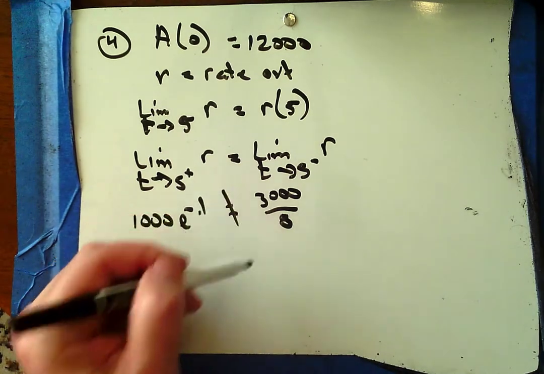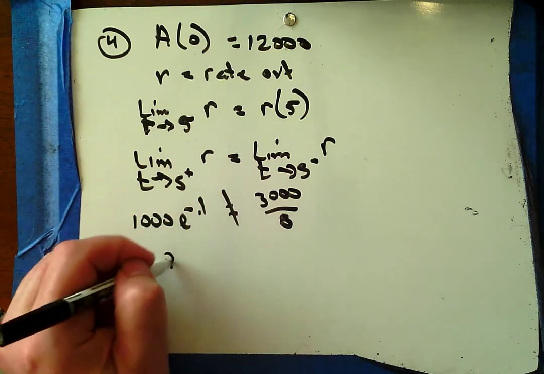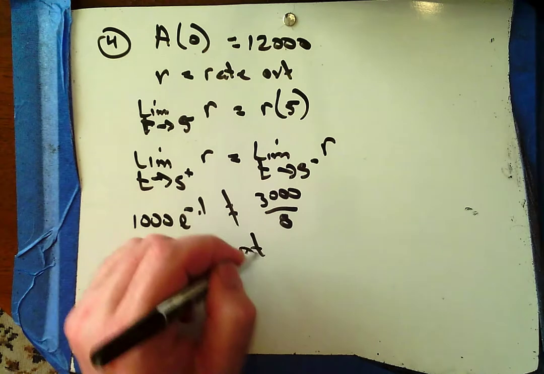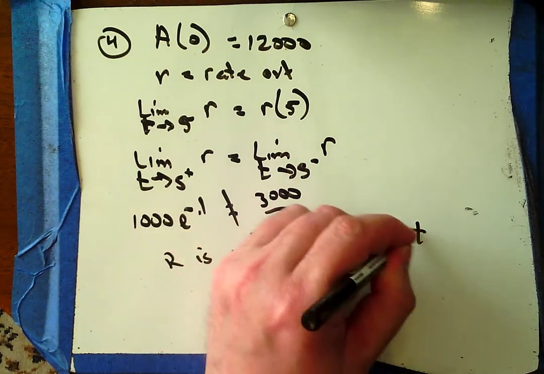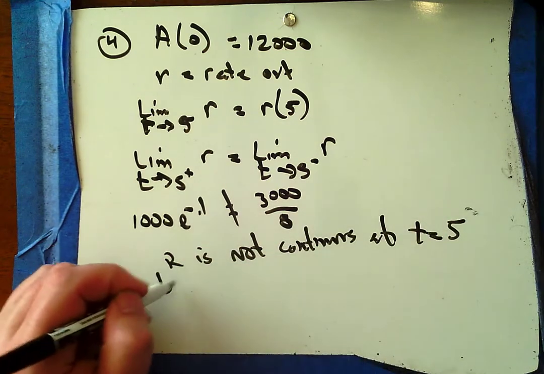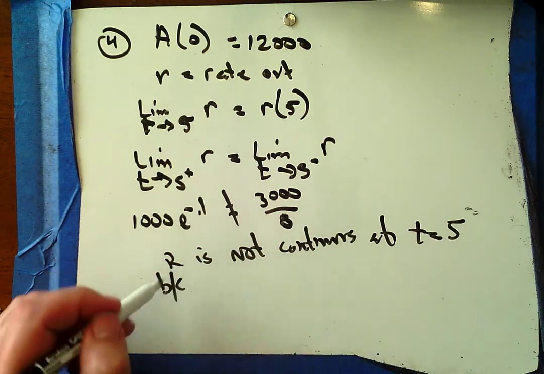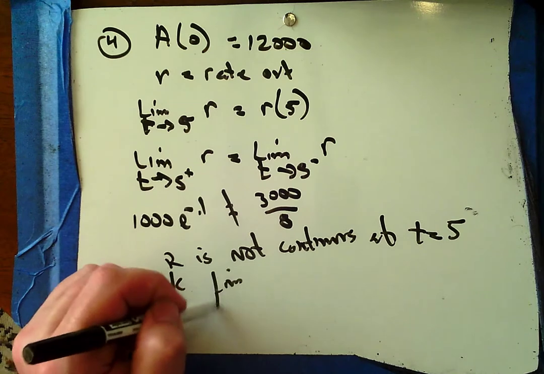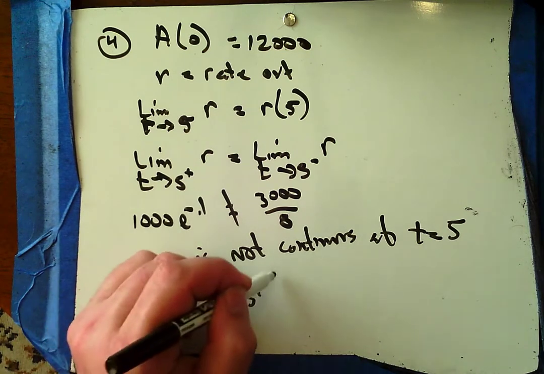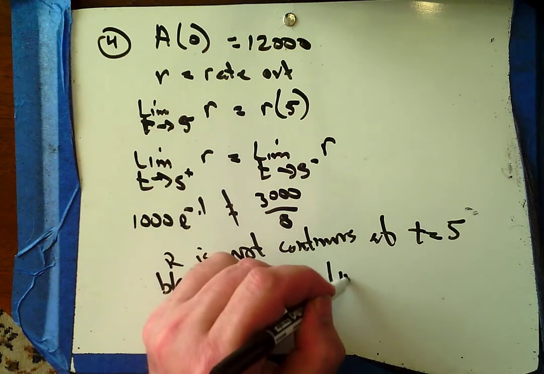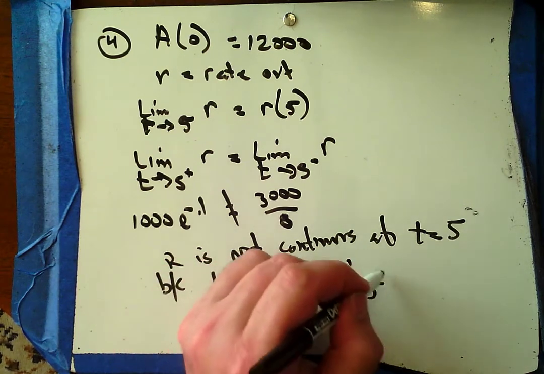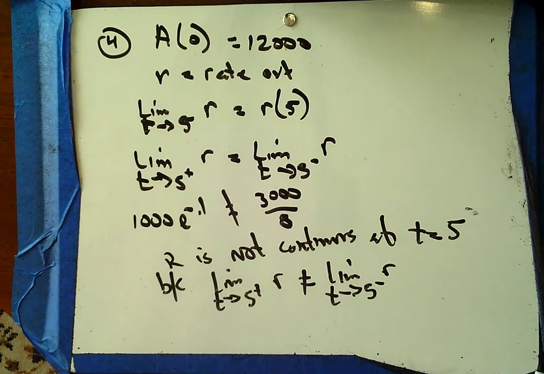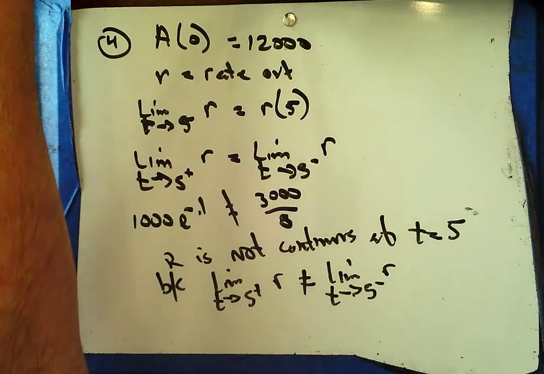And lo and behold, they're not the same. And so R is not continuous at t equals 5 because the limit as t approaches 5 from the positive side does not equal the limit as t approaches 5 from the negative side of R. Okay, and that's part A.